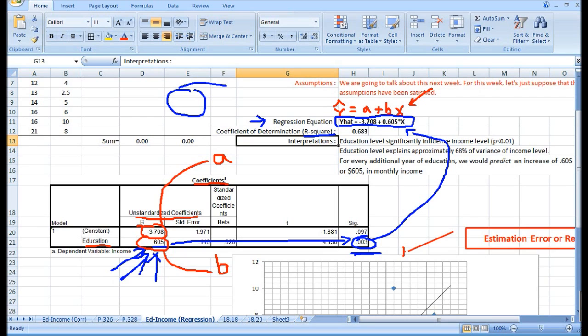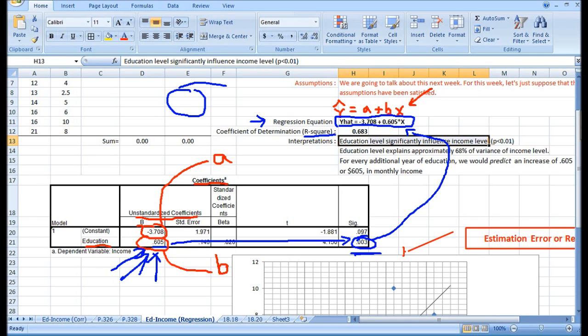So here is how we can interpret the result. The first interpretation, or the first conclusion, is education level significantly influences income level, right?